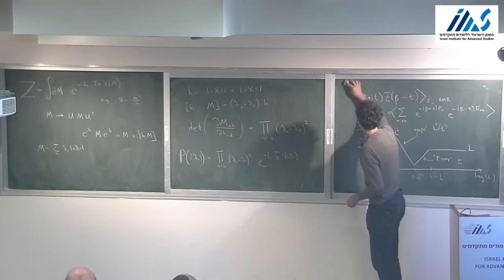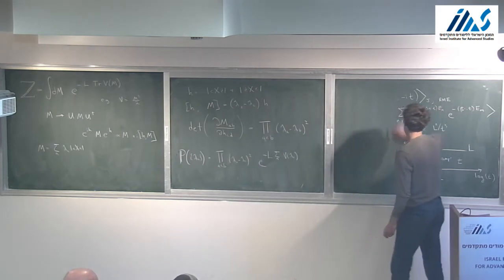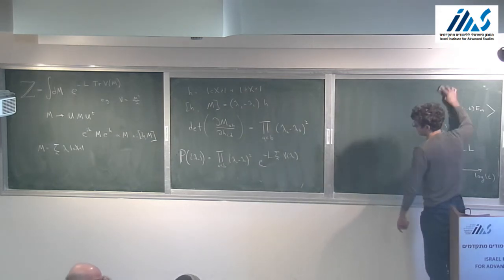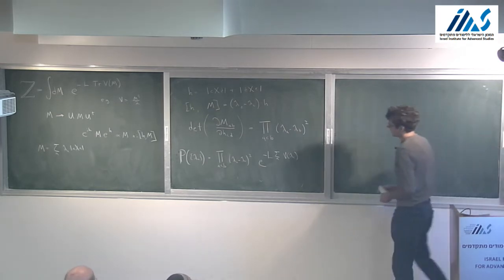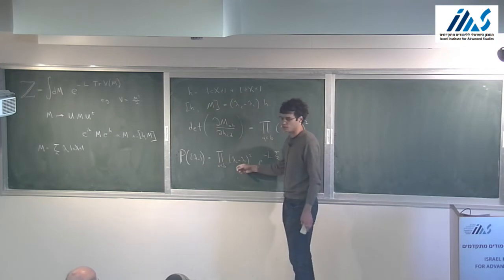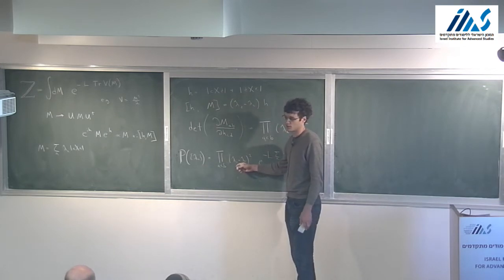Okay, so this is step one of the analysis. This product factor out front is called the square of the Vandermonde determinant, and we'll see why it's referred to as a determinant in a moment.